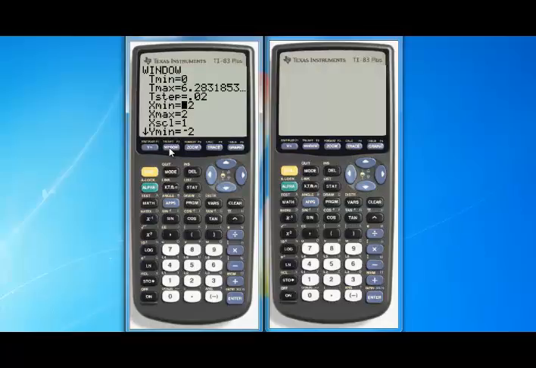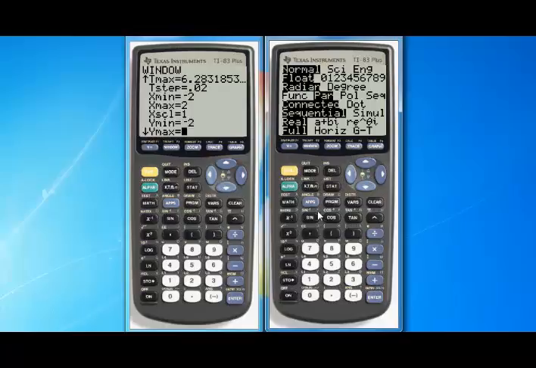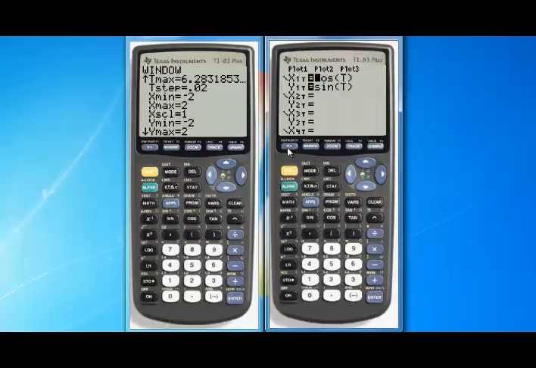X ranges from negative 2 to 2, and y ranges from negative 2 to 2. For the calculator on the right, we click on Y equals. Type in x equals cosine of t and y equals sine of t. Click on Window. T ranges from pi to 3 pi. X ranges from negative 2 to 2, and y ranges from negative 2 to 2.